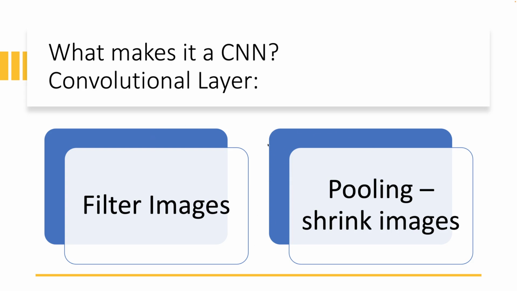That's okay. When you code it, they are two separate things. The filter is going to be a layer by itself, and pooling, which is the process of shrinking down an image into less pixels, that is also going to be a separate layer when you code it.